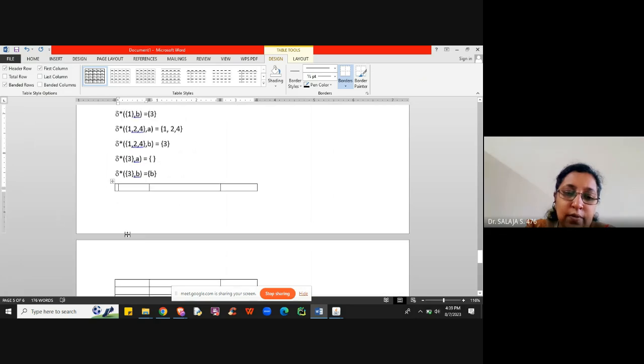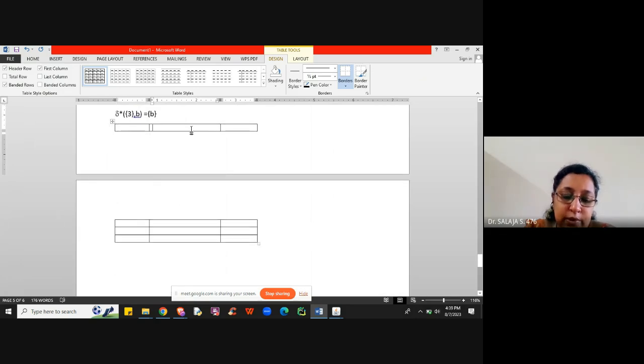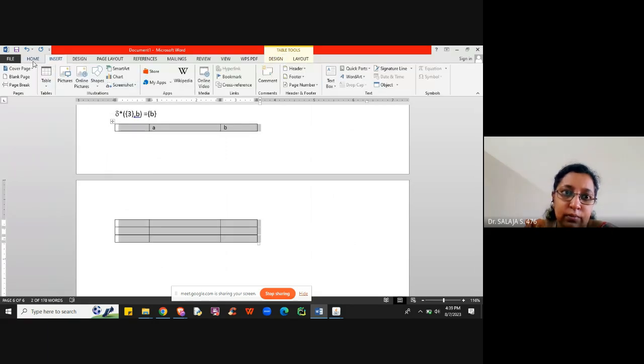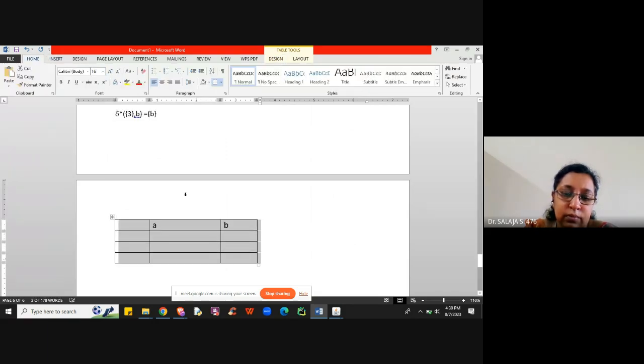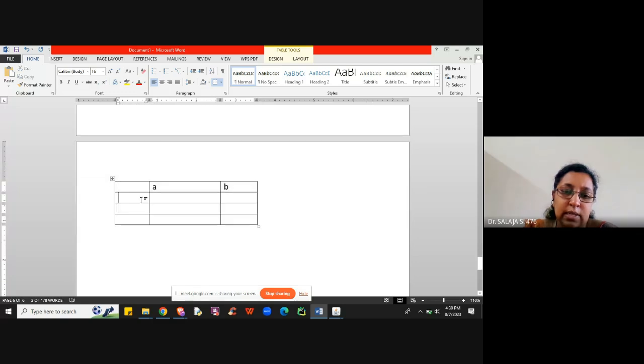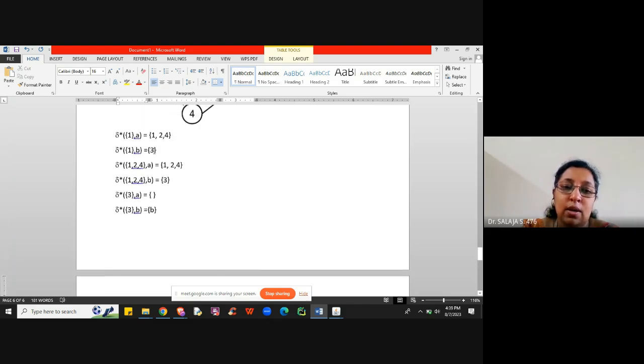Fine. So you have state, the input symbols are A as well as B. The states are 1, 1, 2, 4, and 3. 1 on A, it moves to 1, 2, 4.